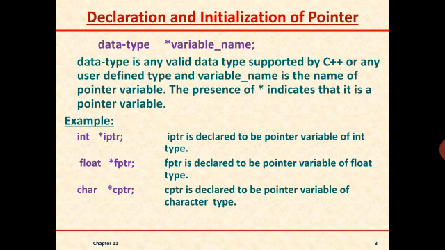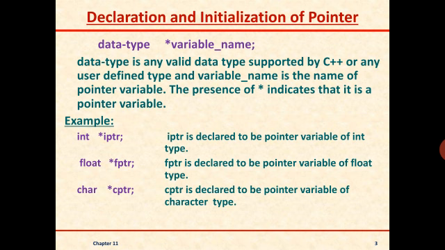FPTR is a variable name. It is going to store floating type of data. Float means everybody knows that it is a decimal point value. Similarly, third example is char asterisk CPTR. Character means it stores the character data type.